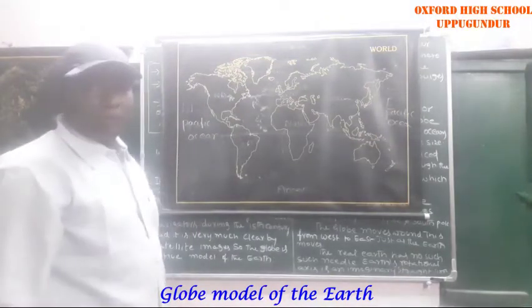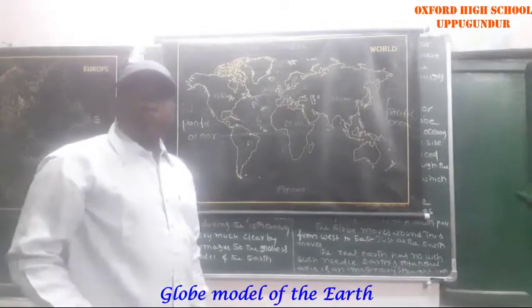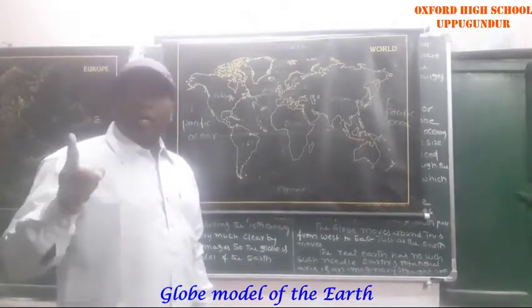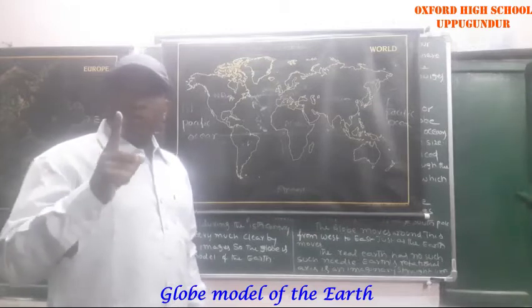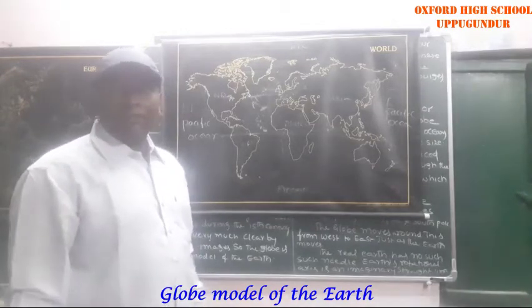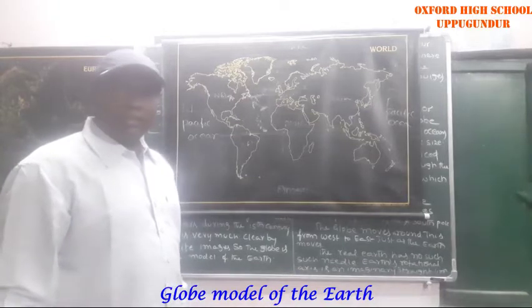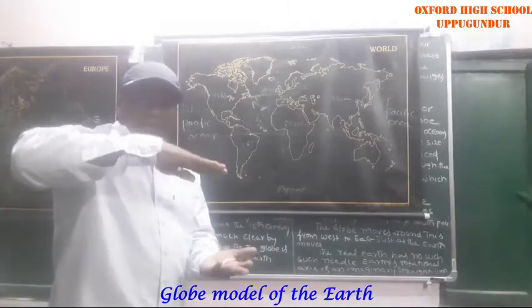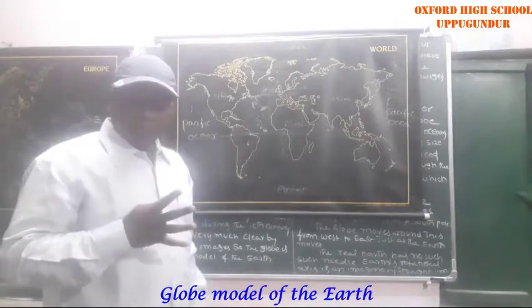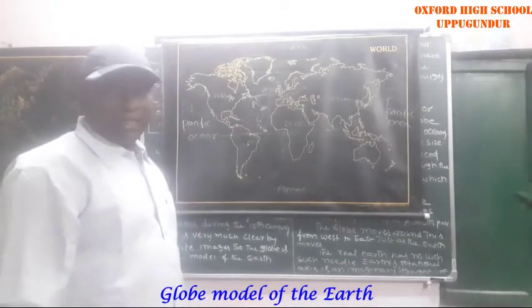Why? If you see the globe, suppose in your school or in the offices, we are observing the round globe. What is the shape of the round globe? Yes, it is a little bit flattened at the top and bottom and bulged in the middle, isn't it?